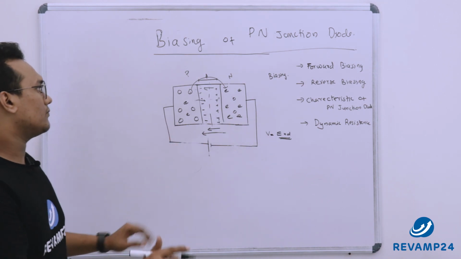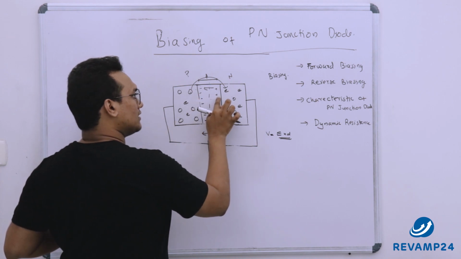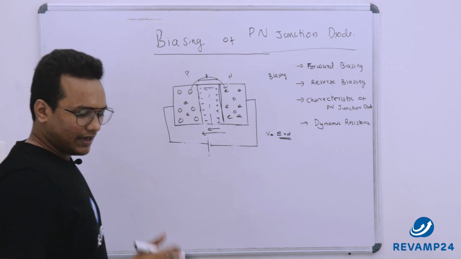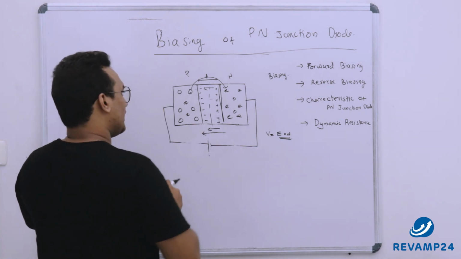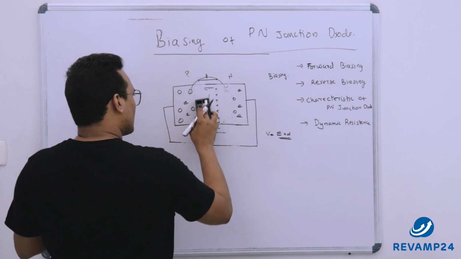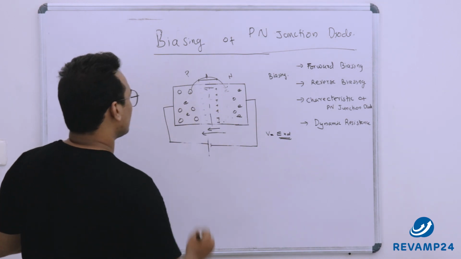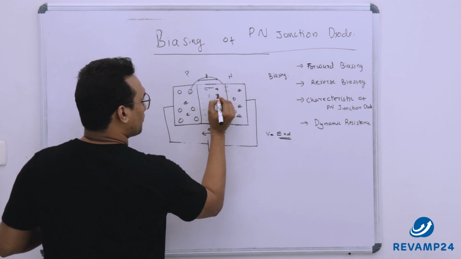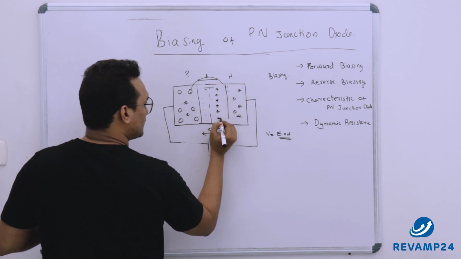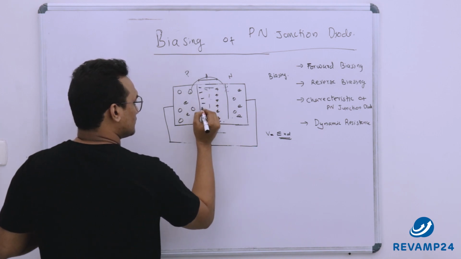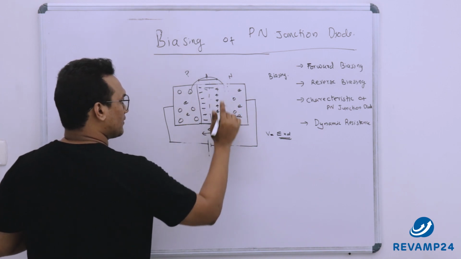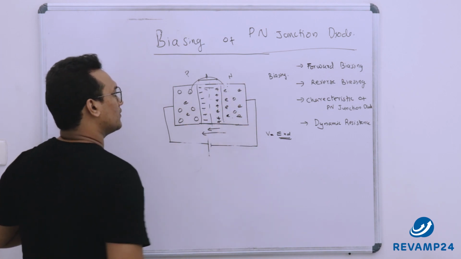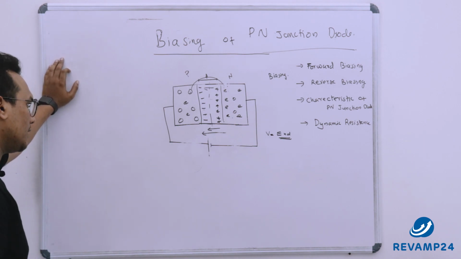We can ignore this effect because they are very few in number, but I have mentioned it as additional information. Here at this position, current due to majority charge carriers is 0 because combination is not possible. So we have positive charge here and negative charge here, creating a barrier across this that stops the process of diffusion or combination.